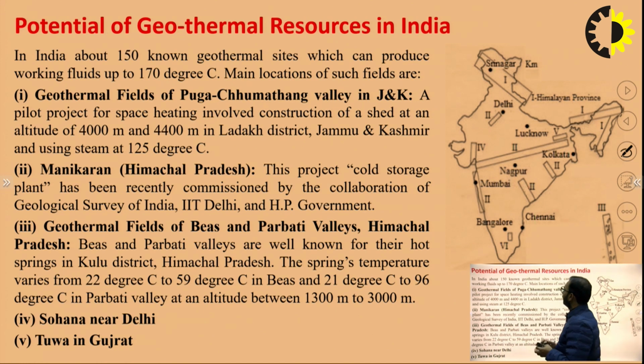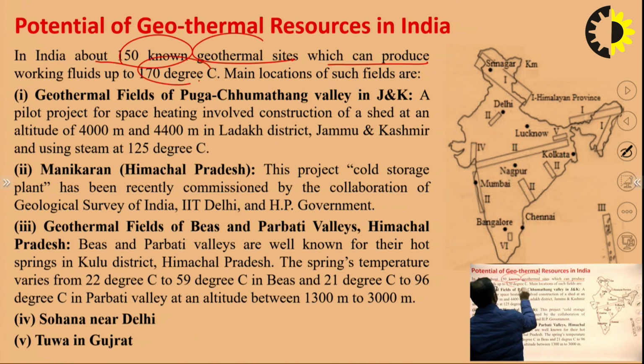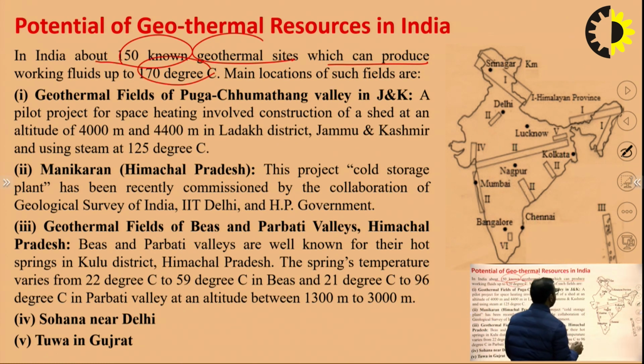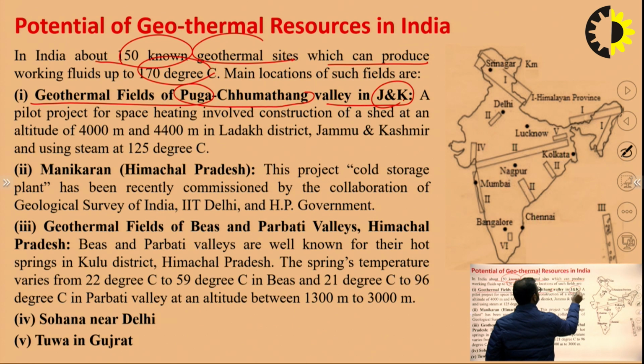Then what is the potential of geothermal resources in India? Basically in India there are about 150 known geothermal sites which can produce working fluids up to 170 degrees Celsius. The main locations of such fields are, first, the geothermal fields of Puga and Chumanthang Valley in Jammu and Kashmir.